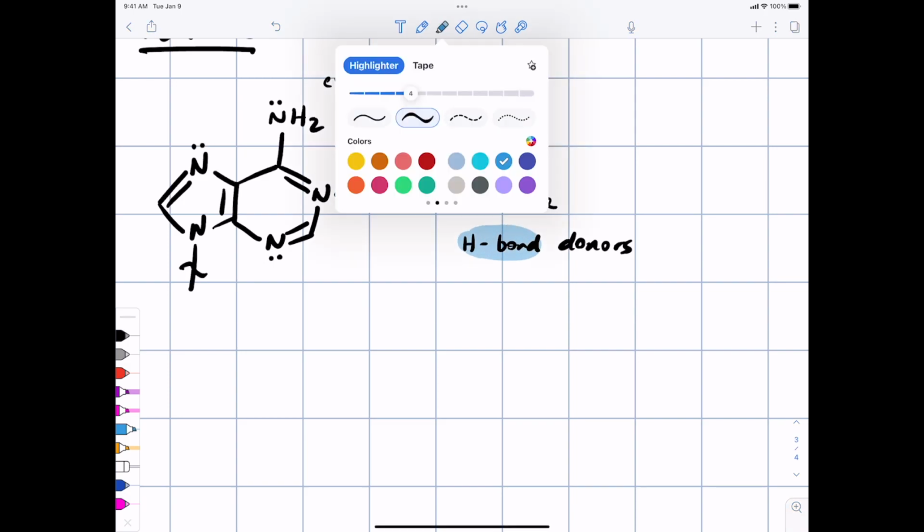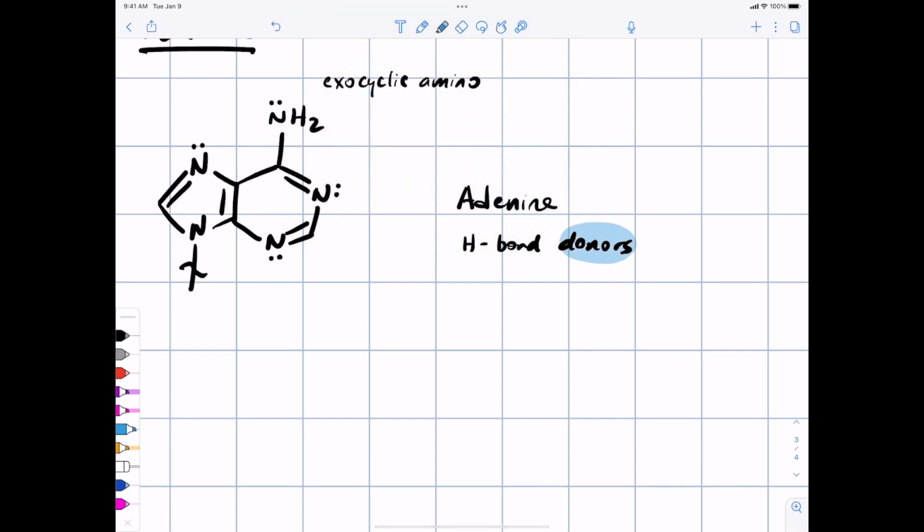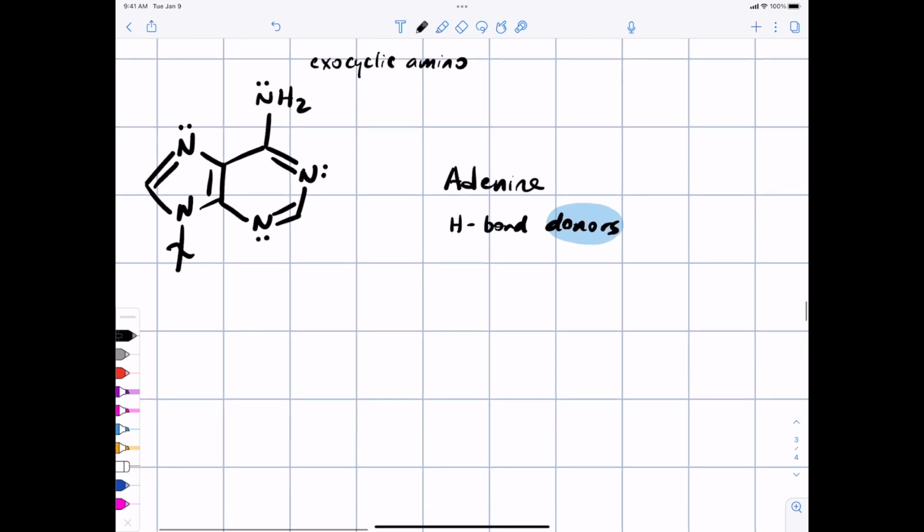That is groups that have polar bonds between hydrogen and an electronegative atom, where the hydrogen has a partial positive charge on it. That's a hydrogen bond donor. A hydrogen bond acceptor is an electronegative heteroatom that has a lone pair on it, and we will use the color red for acceptors. So hydrogen bond acceptors include these groups.